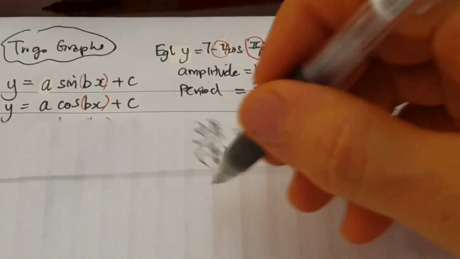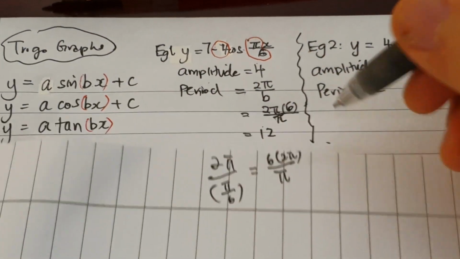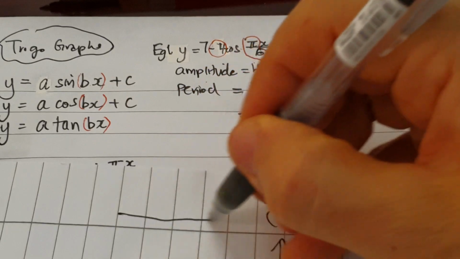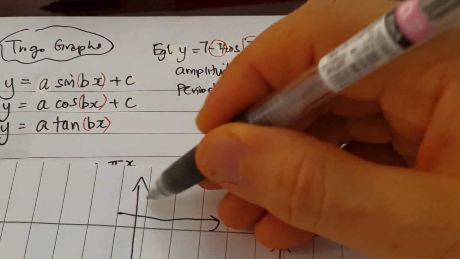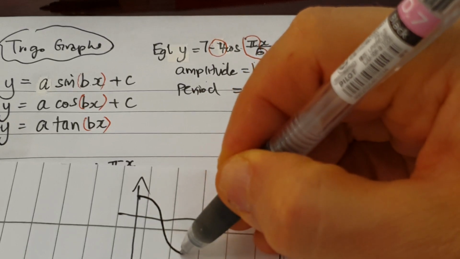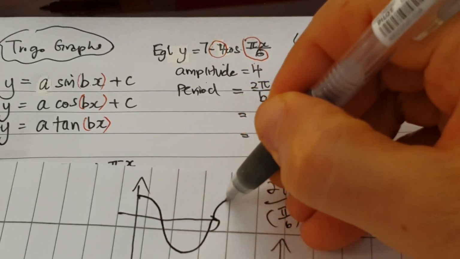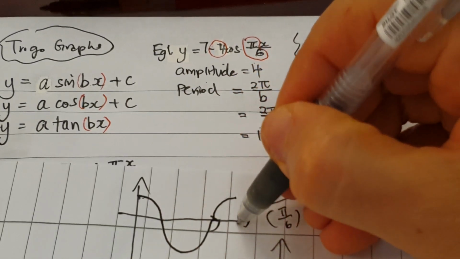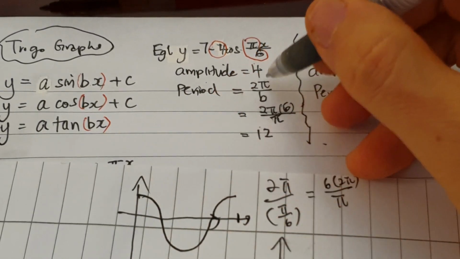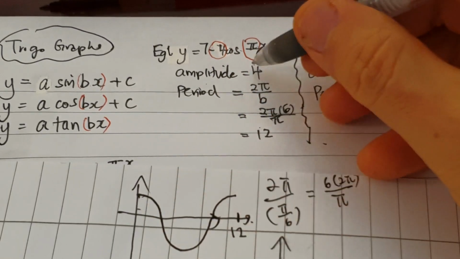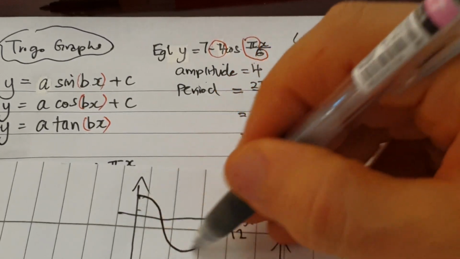It means that in one full cycle, this is a cosine graph. Cosine graph, you know, is like that: quarter of an egg, quarter of an egg, quarter of an egg, quarter of an egg, right? This is one full cycle. This period is 12. That means in 12, whatever the unit is, it makes one full cycle.